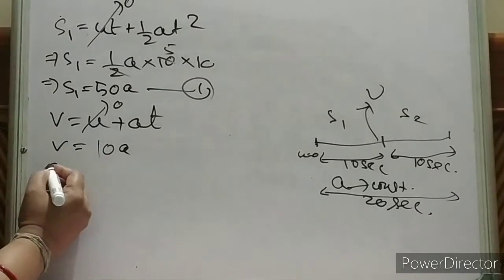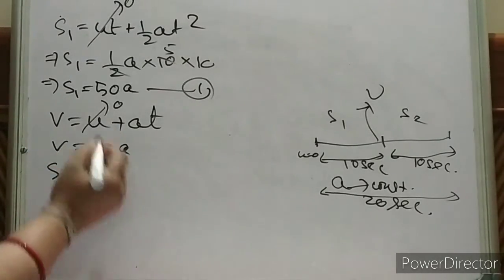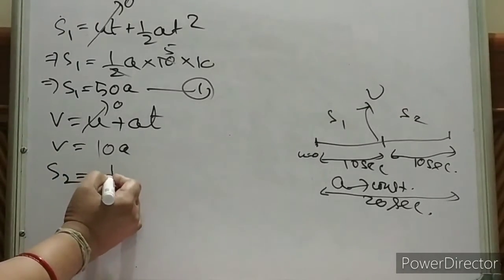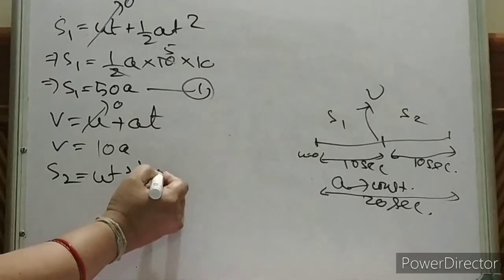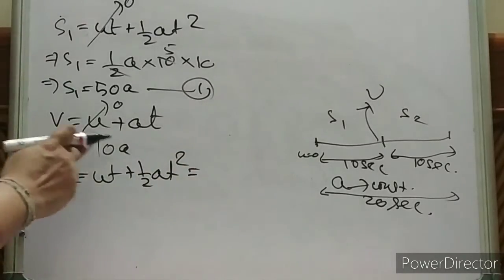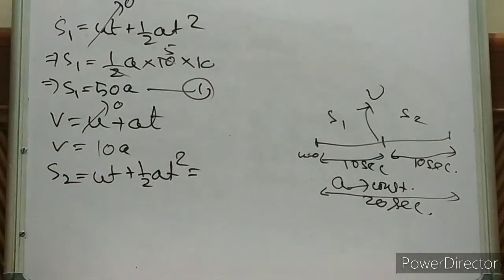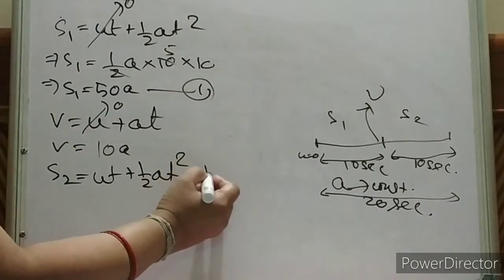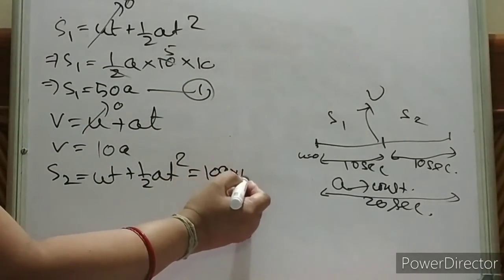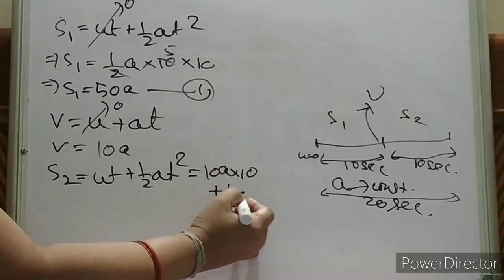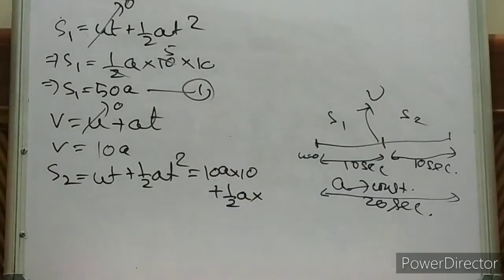Now we can easily find out S is equal to ut plus half at square, same formula we will use. What is u now? u means initial, this velocity only. So we can write 10a, t is 10, plus half a into t square.